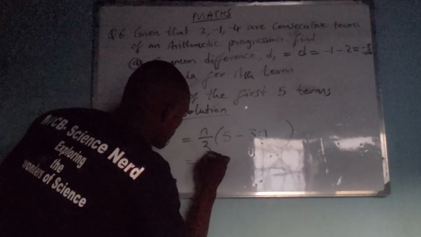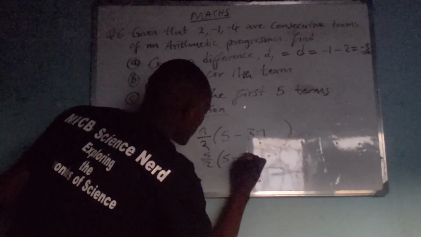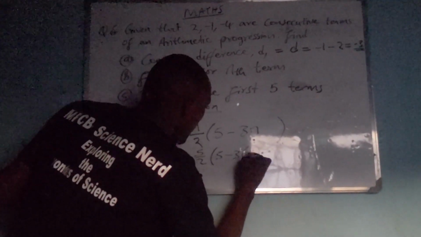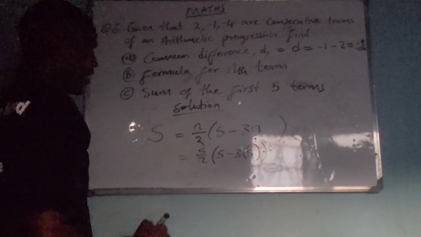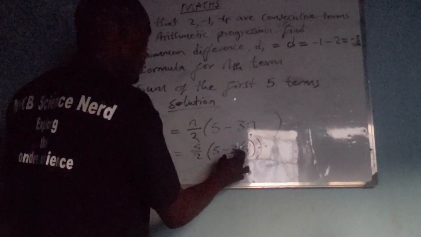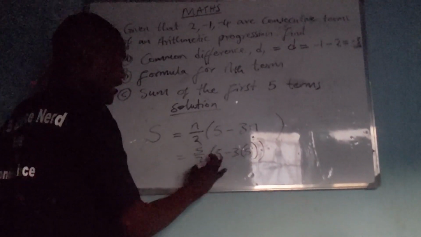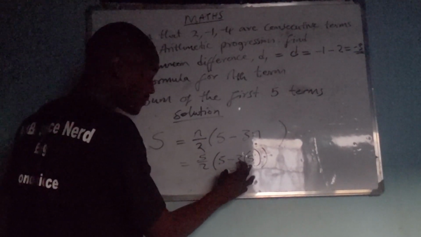Hence, we'll have 5 over 2, open, 5 minus 3, open, 5, close. Negative 3 multiplied by 5, which is negative 15. 5 minus 15, which is negative 10.